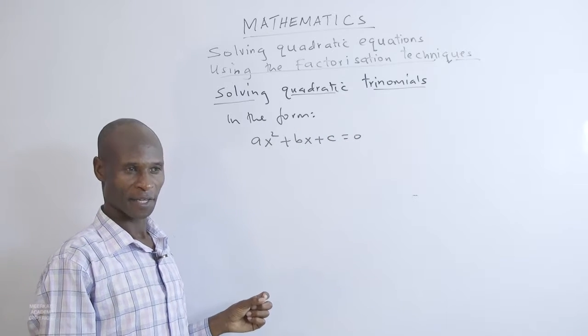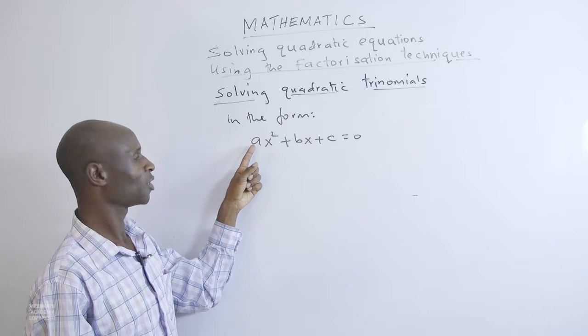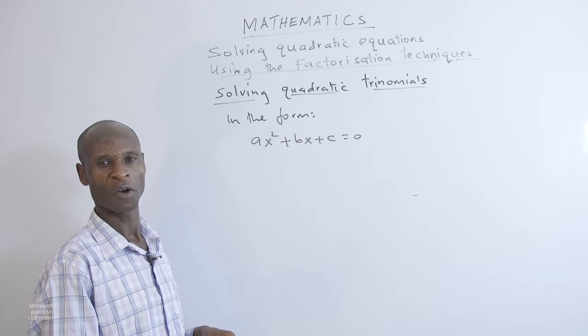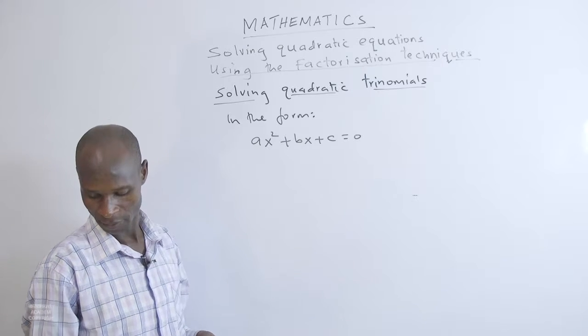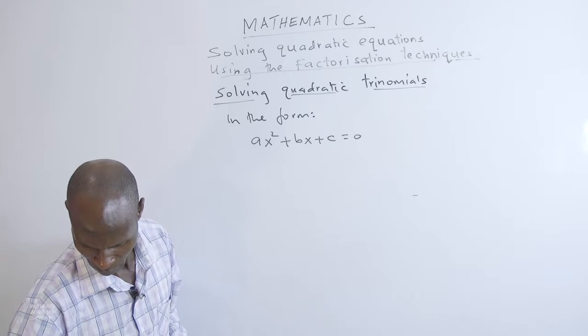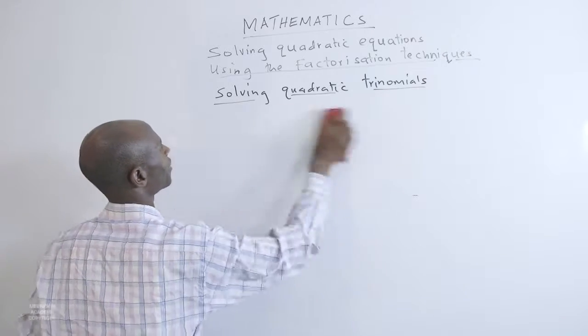So in the first case, we shall consider a situation where a is equal to 1. That means monic quadratic equations. We call them monic quadratics.